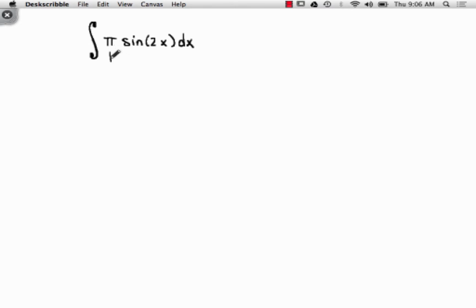Pi is a constant factor, so this becomes pi times the antiderivative of the sine of 2x. Now, I want to find a function that differentiates to give me the sine of 2x. Well, I already know that it's going to be a negative cosine of 2x.